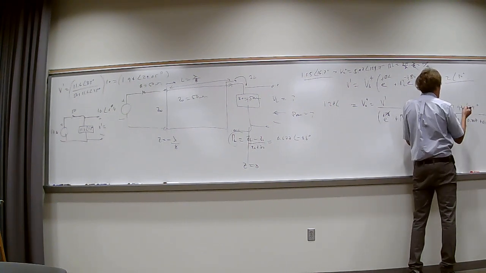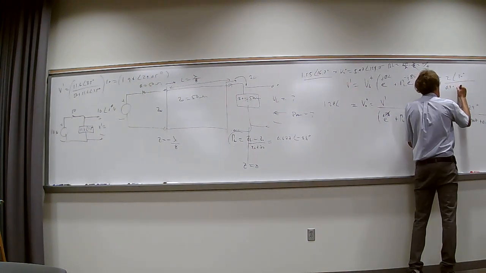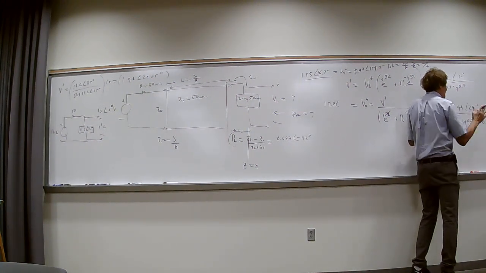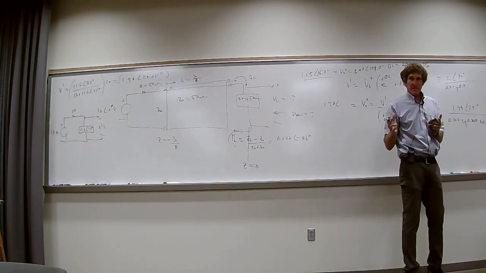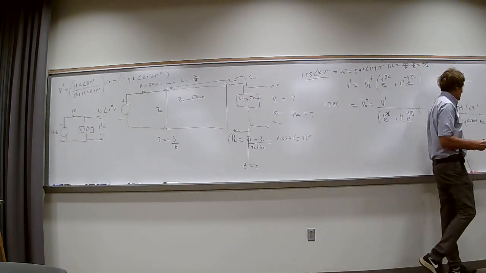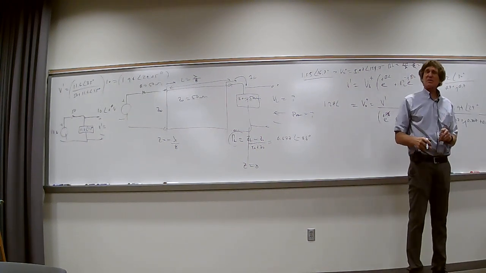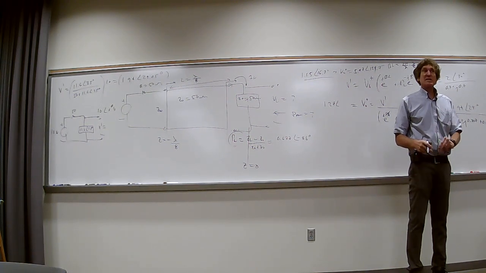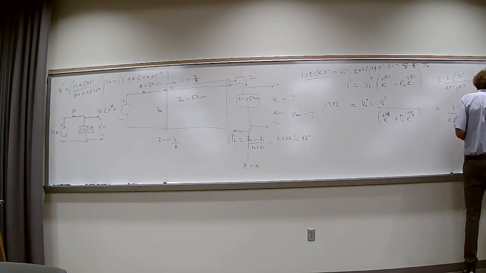This is really, I'll call it 0.7 plus j 0.7. Now I'm doing this just because I'm trying to get an estimate, not the exact value. You with me? Next I take a look at this. E to the minus j 85 degrees is just about minus j. You all hear me on that? It's almost e to the minus j 90. So I'll just make that minus j right here.